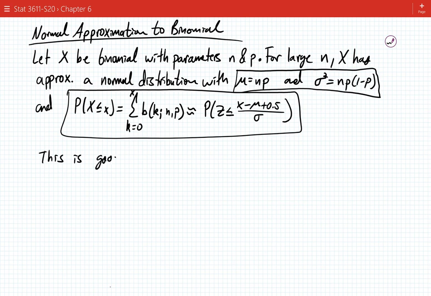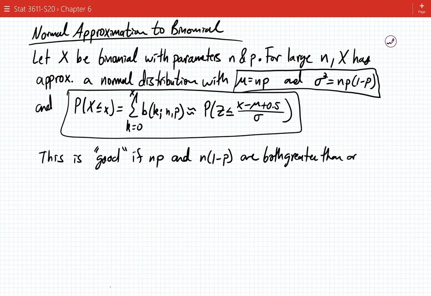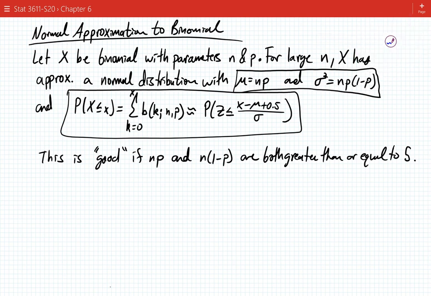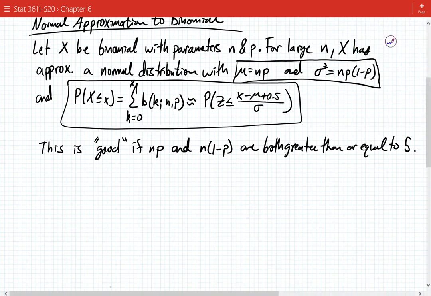We say that this is good if n times p and n times q, or n times 1 minus p, are both greater than or equal to 5.